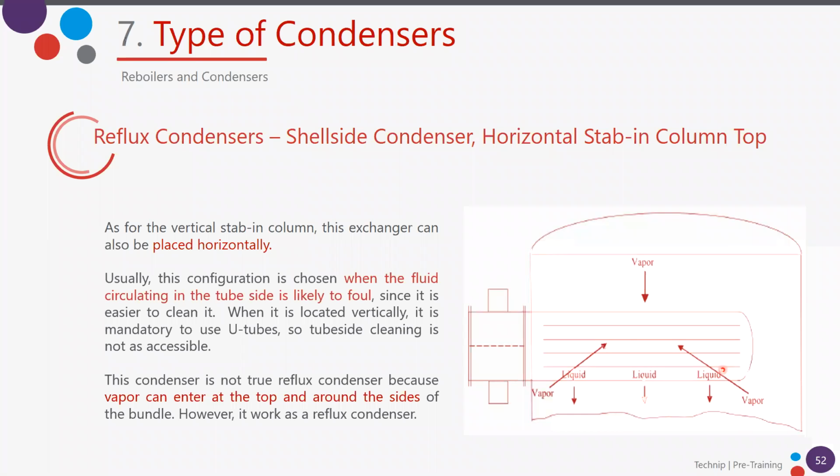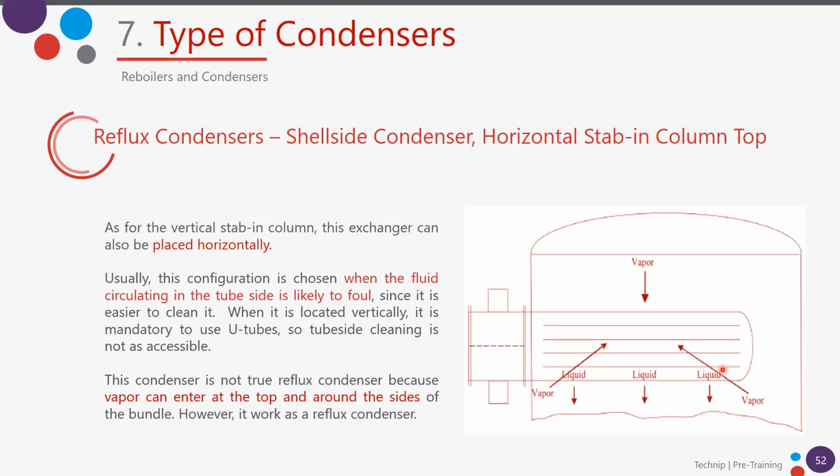Olga, just a question. I haven't come across this type of reflux condenser in the oil and gas or refining industry. So what are the applications for this type of reflux condenser, which is either inserted or mounted on the top of the tower?